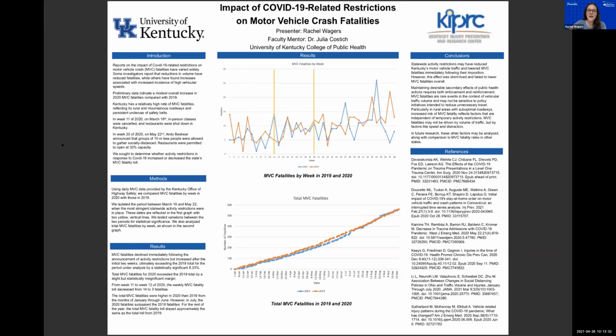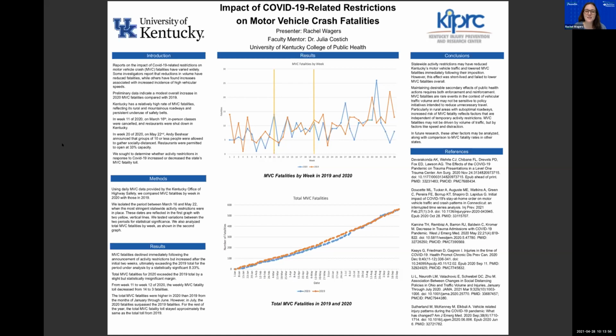So my project is on the impact of COVID-19 related restrictions on motor vehicle crash fatalities in Kentucky. I completed my research under my mentor, Dr. Julia Kostich. She is an associate director at the Kentucky Injury Prevention and Research Center, along with a professor at my college, the University of Kentucky College of Public Health.